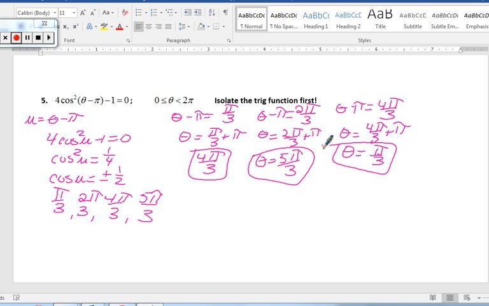And then lastly, theta minus pi is equal to 5 pi over 3. Adding pi over, we get theta to be 2 pi over 3, which wound up being all the same solutions as over here, but you do need to go through the process. That made one full rotation around the circle, so there would be no other solutions.